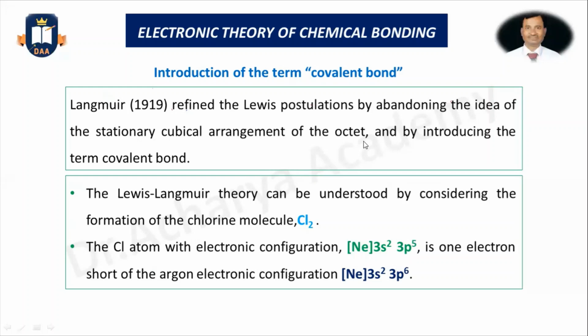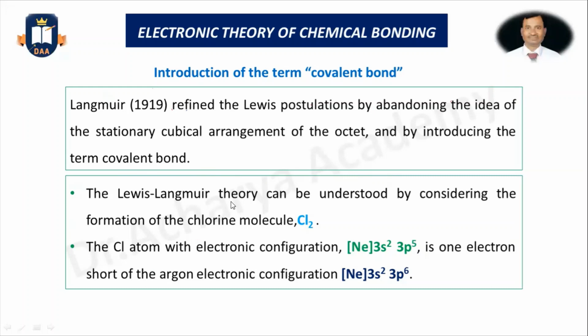In the previous class, we understood that Lewis introduced the cubical arrangement, where he placed the electrons to form the octet. Langmuir abandoned that idea and introduced the term covalent bond. It is called the Lewis-Langmuir theory.